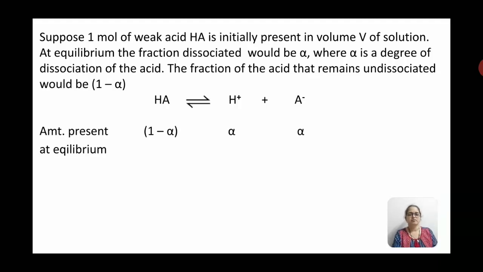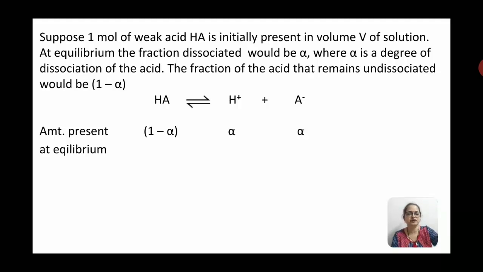Then the amount present at equilibrium. How to calculate the amount present at equilibrium? If alpha is the degree of dissociation, you know that out of 1 mole of HA, alpha will be dissociated. If alpha moles get dissociated, that means you will get alpha moles of H+ and alpha moles of A-. So the number of moles of HA undissociated will be 1 minus alpha. This is the amount present at equilibrium.